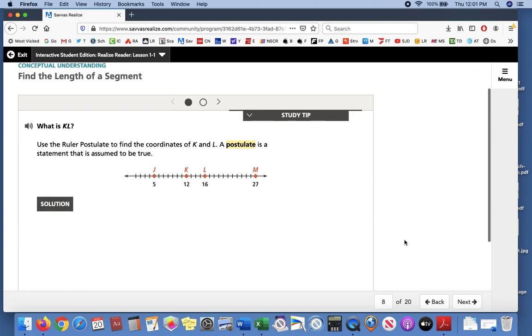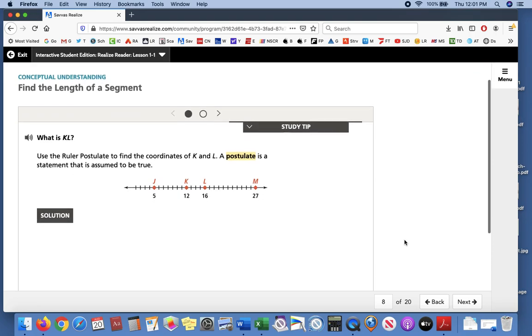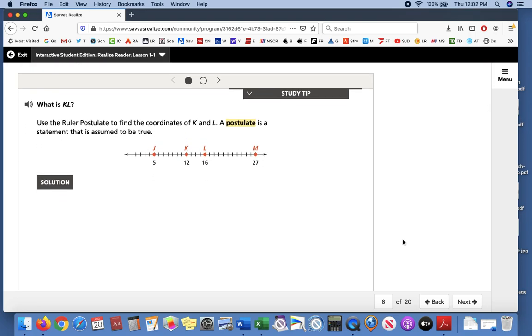All right, let's see what we have here. Example 2. What is KL? Meaning, what's the length? When it's written like that, it's asking you for the length. They're talking about using the ruler postulate. From K to L looks like from 12 to 16.